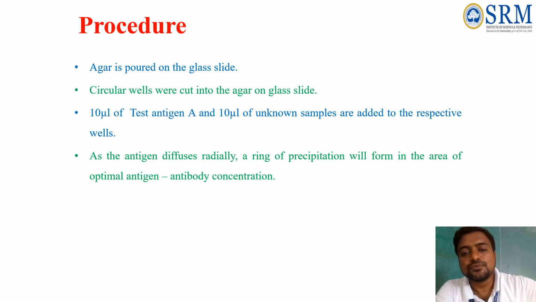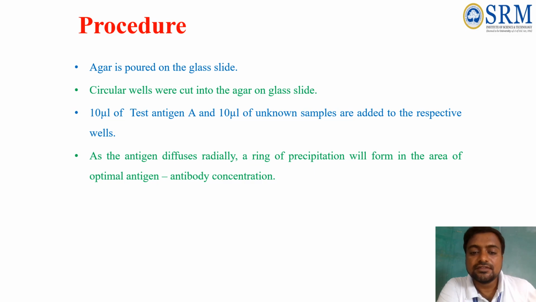So let's have a look at the procedure. In this method, a glass slide is taken and agar is poured on that glass slide. Once the agar is polymerized, we make cuts in a circular fashion on the agar slide, and then the antigen is loaded onto the agar, which already has the antibody added to it.